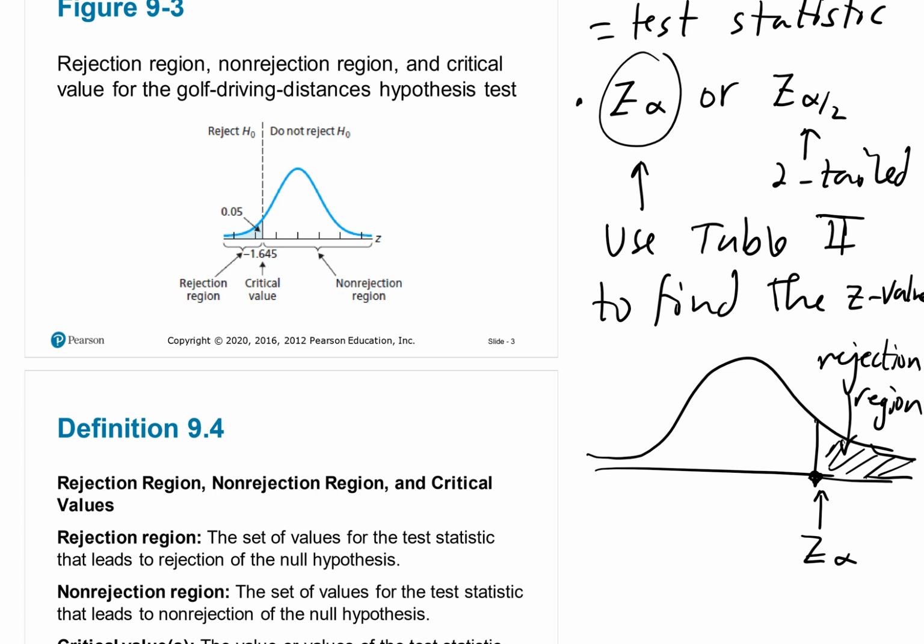Remember, we found two values of z, the test statistic value and z sub alpha.